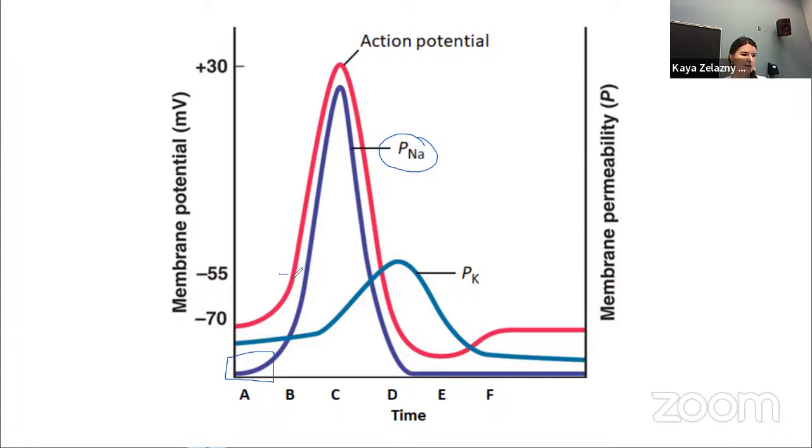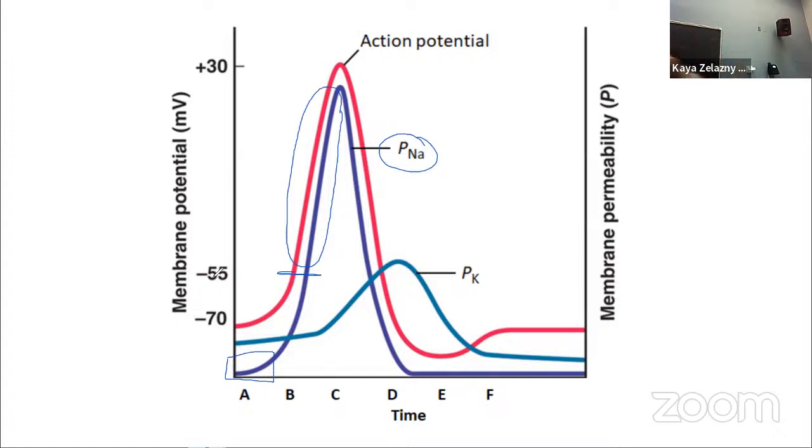As we get to -55 though, so this threshold, you're depolarizing, you're opening more and more sodium channels in order to depolarize, right? And now we're really kicking off here. So what you're seeing here is the activation gate of those voltage gated sodium channels opening when we hit -55.